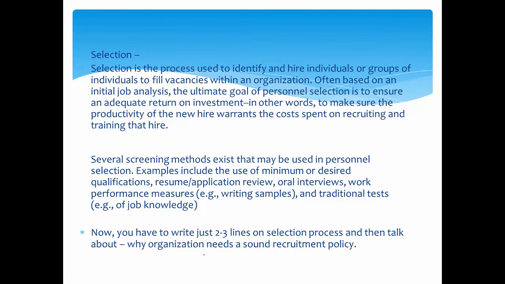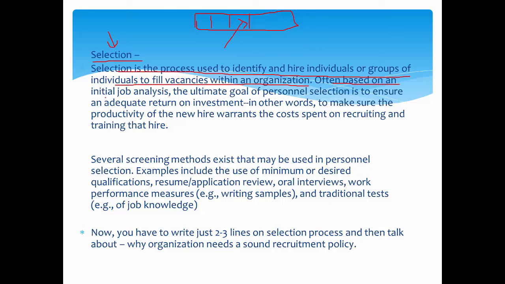Coming to selection, what is selection? Selection means selecting something. Say for example, there are 10 choices and you have to select one. Selection is a sub-part of recruitment. You have to select the best person available. Selection is the process used to identify and hire individuals or groups of individuals to fill the vacancies within an organization, same as recruitment.